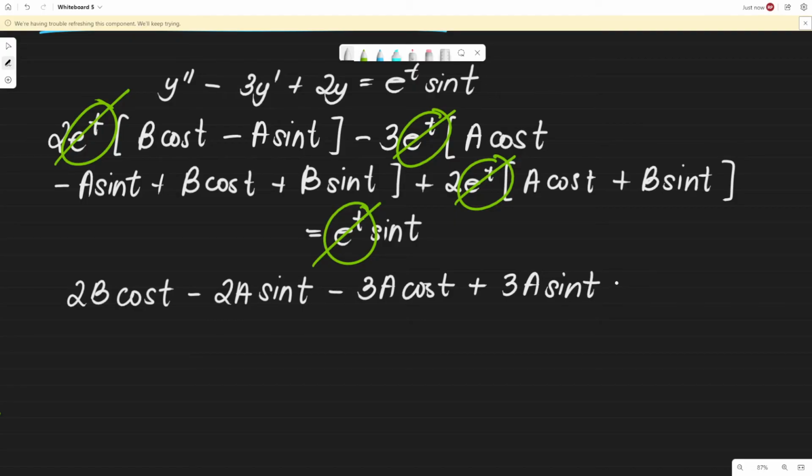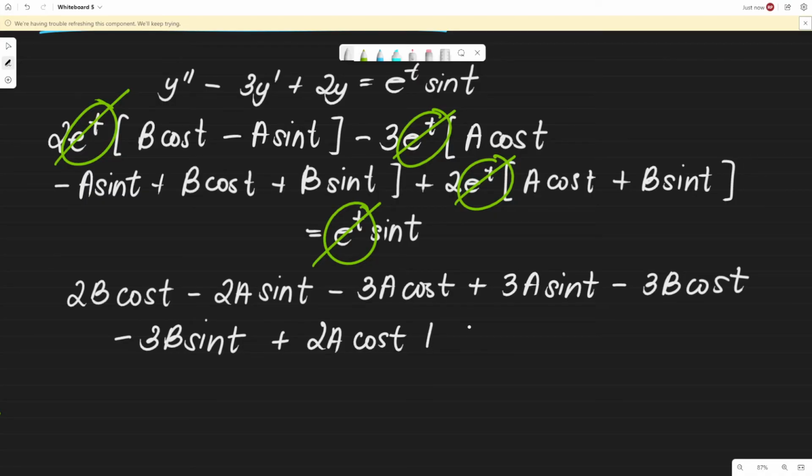Didistribute ko lang guys, no? So, minus 3b cos t minus 3b sin t plus 2a cos t plus 2b sin t is equivalent to sin t.